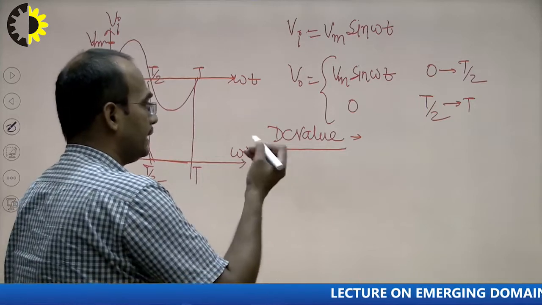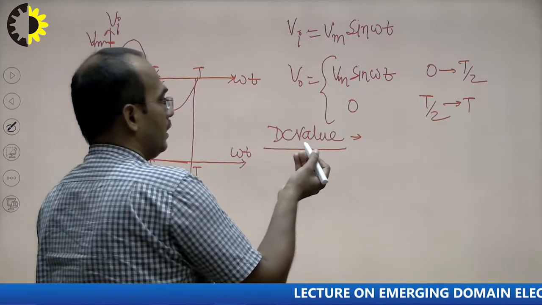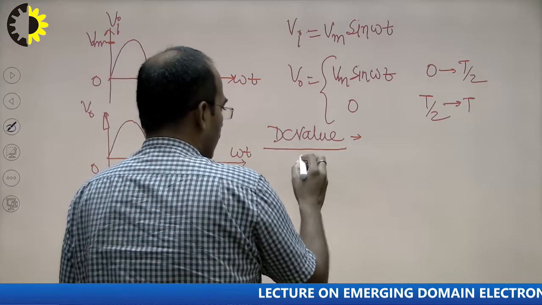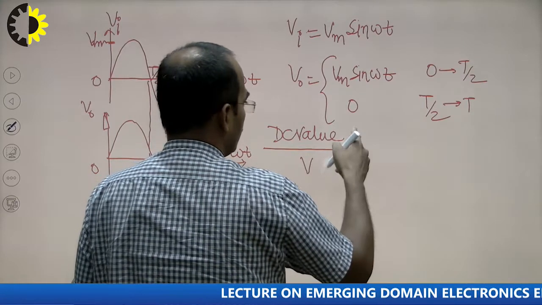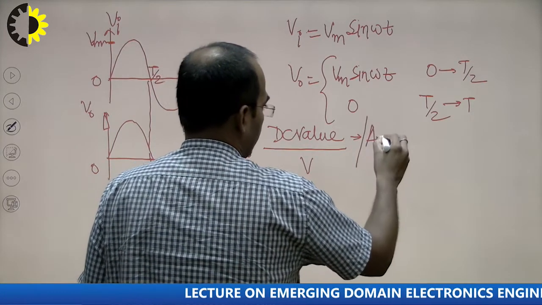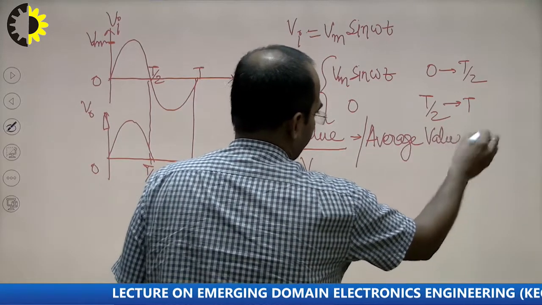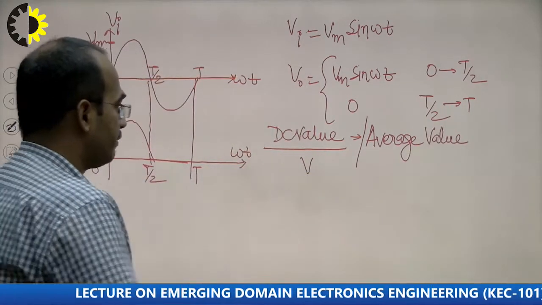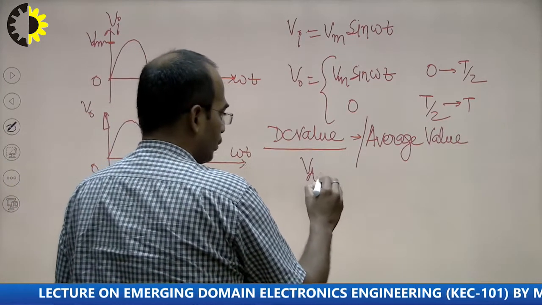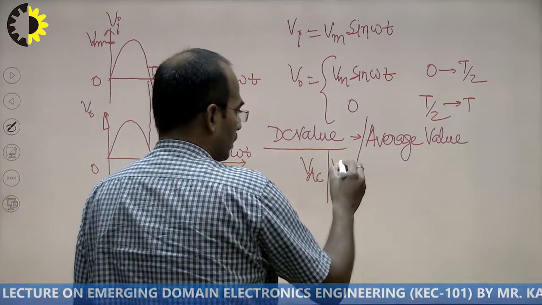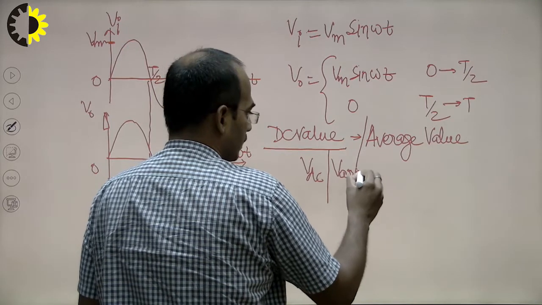For finding the DC value or average value of any waveform, I will denote this by VDC or V average.